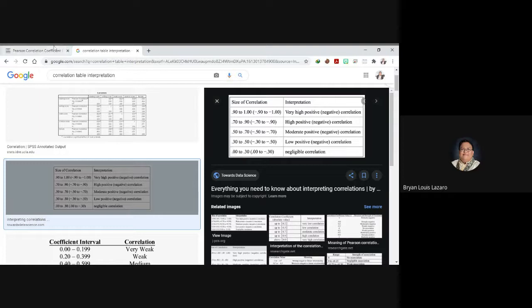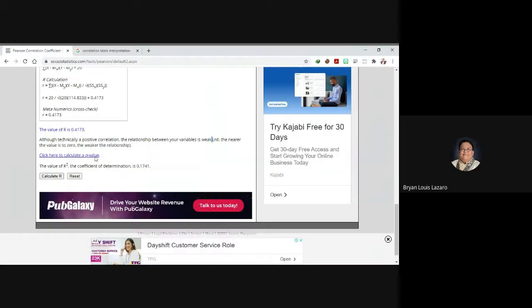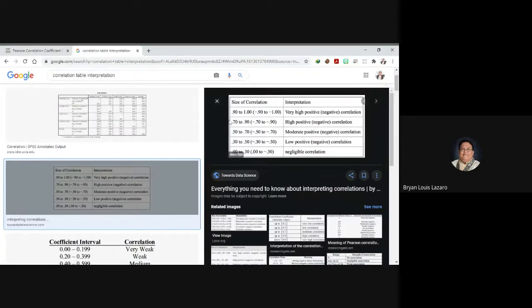Alright? So, ito, we have 0.4173. Right? So, hahanapin nyo sa table yan. Saan siya magfa-fall? Yung 0.4173. Saan? So, low positive po. Low positive correlation.